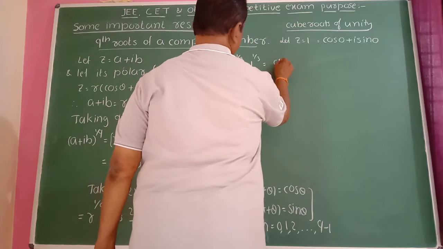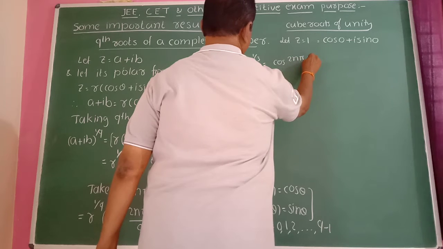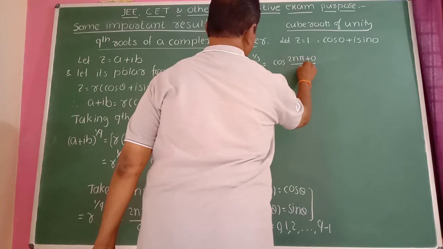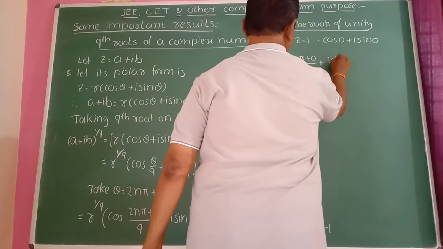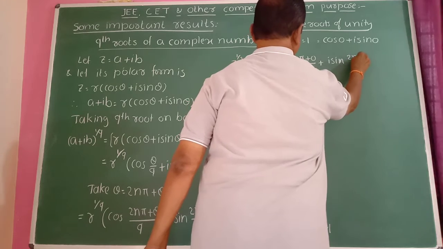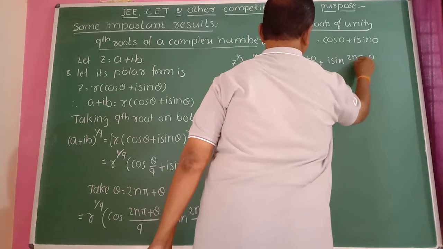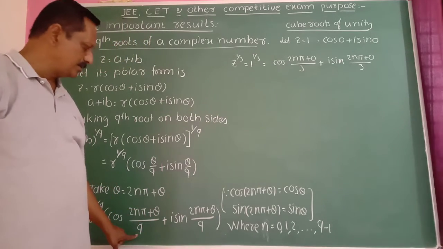So cos of (2n pi plus 0) divided by 3 plus i into sin of (2n pi plus 0) divided by 3. Theta value is 0 and q is 3.